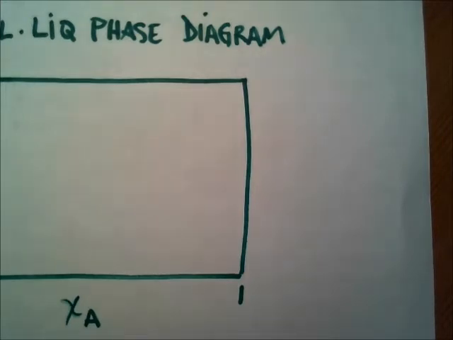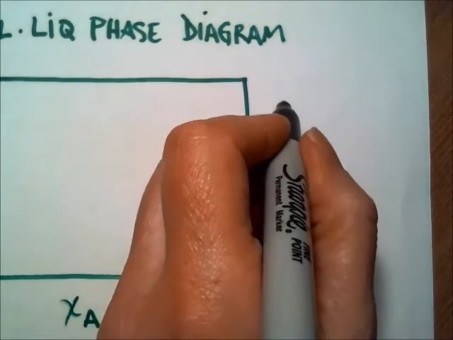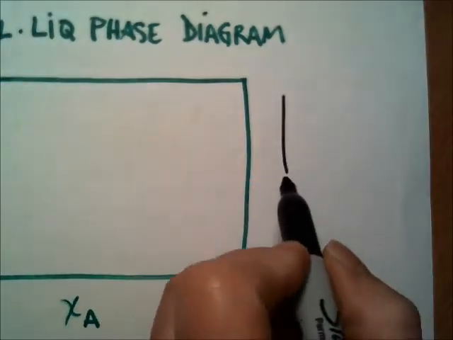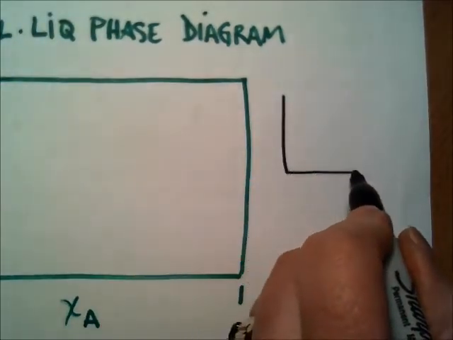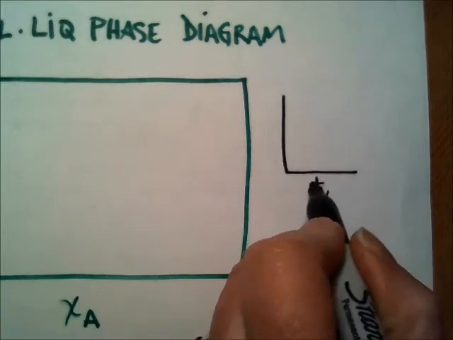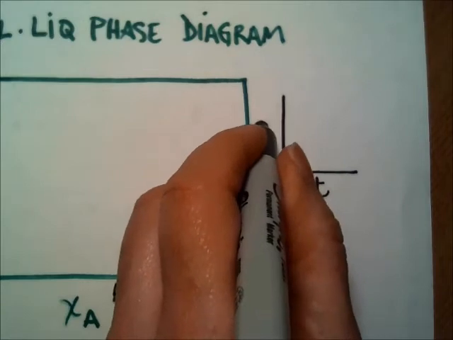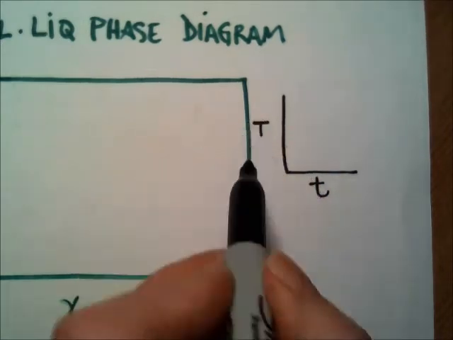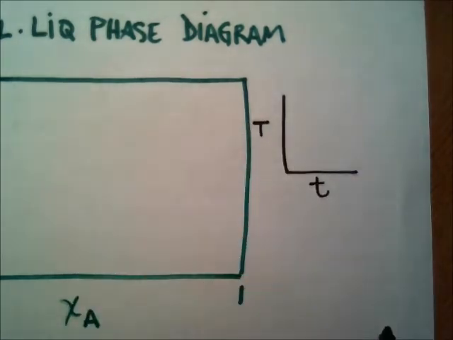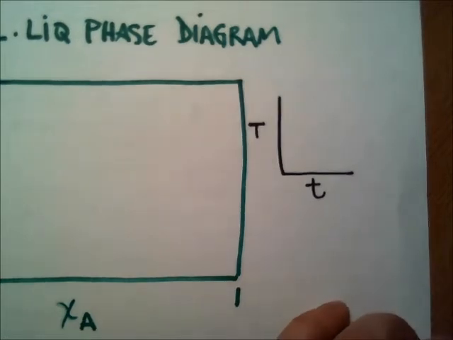Now the cooling curves are, let's see if I can draw this without being in your way. Small t for time, which is quite rare in this course, and big T for temperature. I'm just looking at this little black graph, never mind the green box for now.